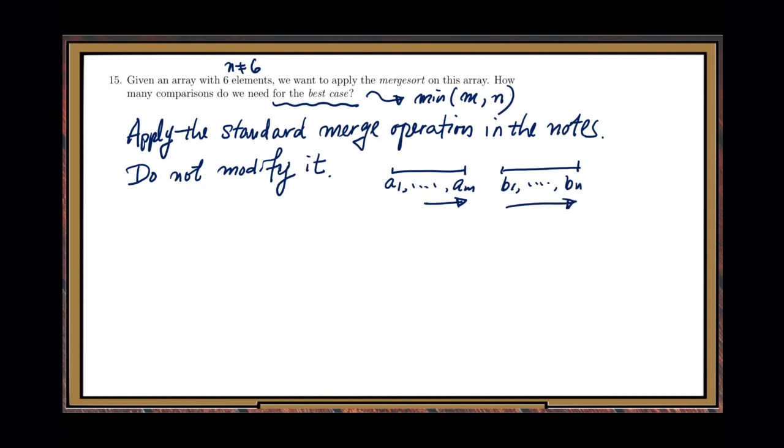In our standard merge sort, we compare A1 and B1 as our first comparison. That's the standard. But some students modify the algorithm in this way: they compare An and B1 as the first comparison.